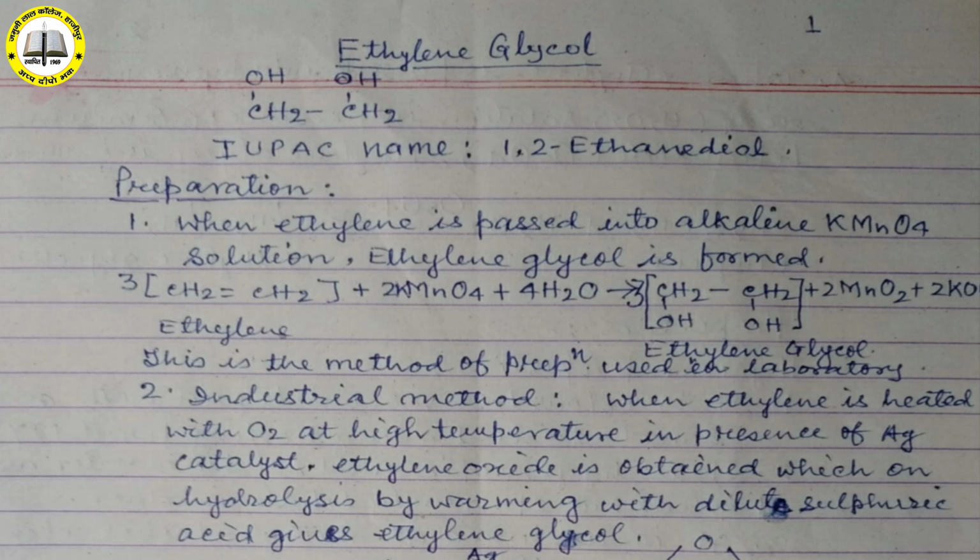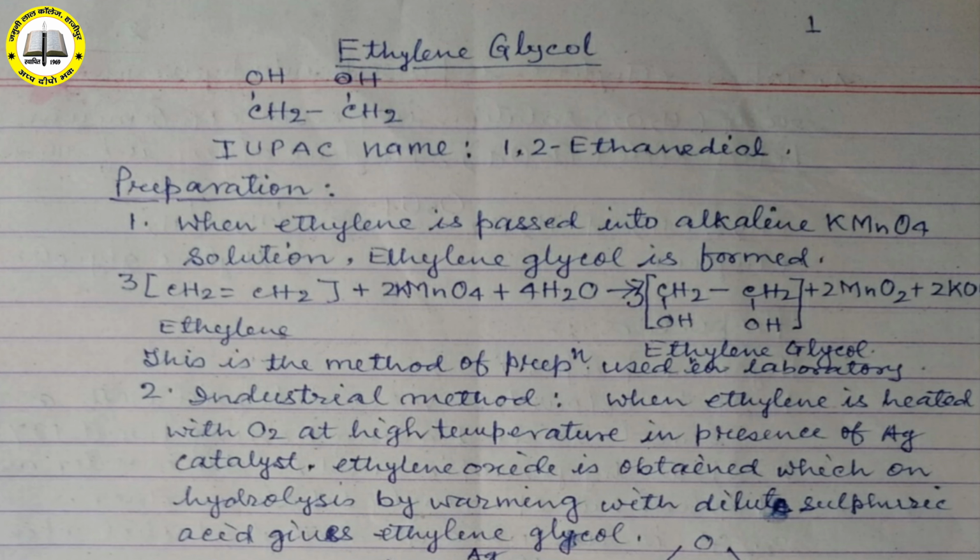The chemical equation can be shown as 3 moles of CH2=CH2 plus 2 KMnO4 plus 4 H2O gives 3 molecules of ethylene glycol, that is CH2OH-CH2OH, plus 2 MnO2 plus 2 KOH. This is the method by which we prepare ethylene glycol in the laboratory.